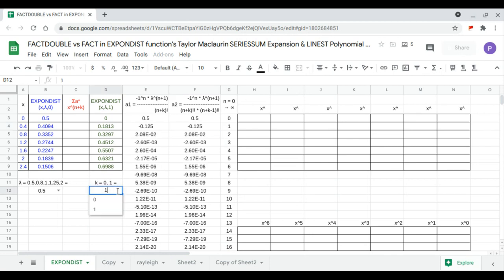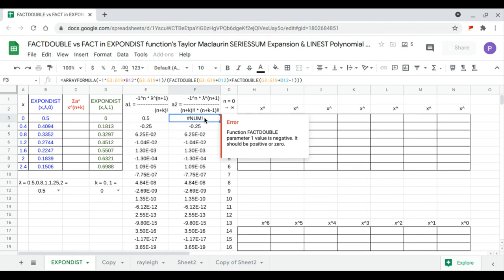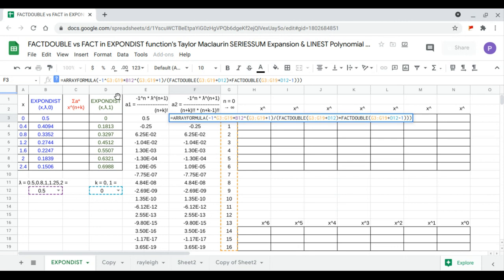So at k equals 0, you have an error. So we have to correct this. So this will be if n equals 0, then it should be lambda. So to correct that, you have a condition if n, that is G3 to G19 equals 0, then lambda.